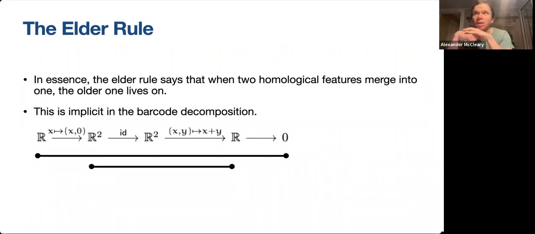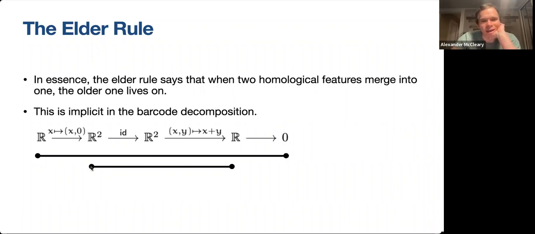It's not really the case that either one is surviving, essentially, but they're sort of merging together. And if we look at the barcode decomposition for this, what it's going to tell us is that we had a feature that was born all the way at the left, and it died all the way at the end when it finally becomes 0.